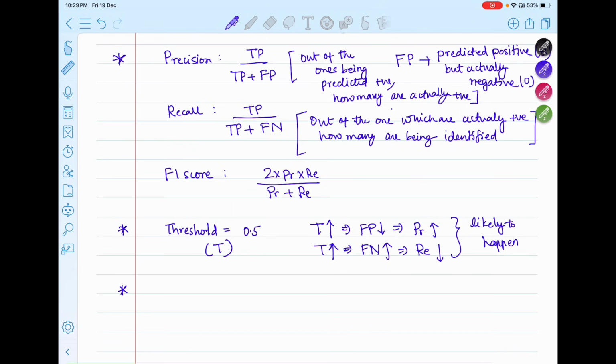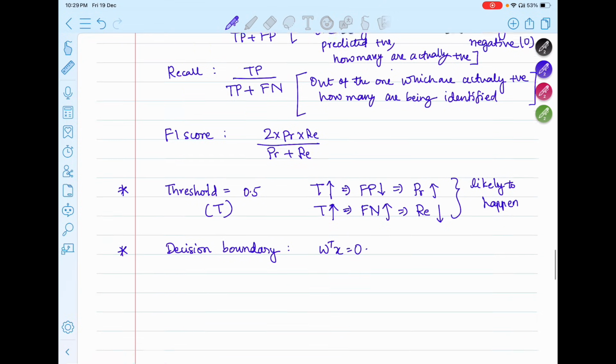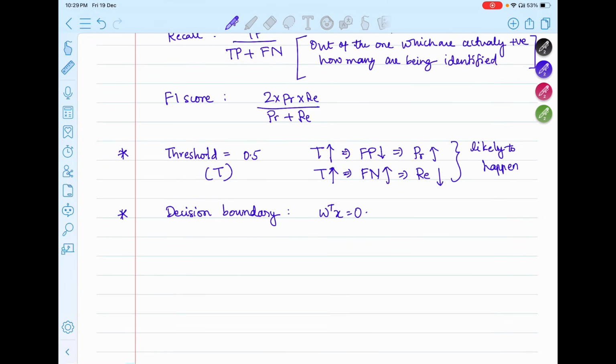One more thing important about logistic regression is the decision boundary. The decision boundary of the logistic regression is still W transpose X equal to 0. Why? Ultimately, we are predicting it to be 1 if P hat is bigger than 0.5 and 0 if it is less than 0.5.